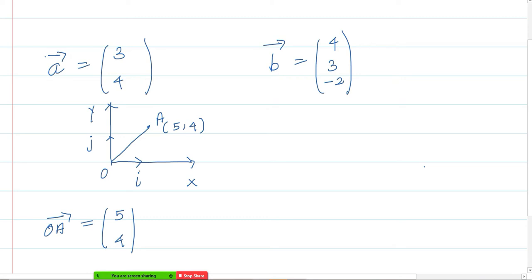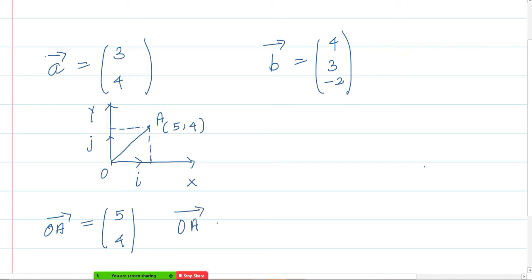Instead of saying the x-axis direction, just say i. i is a vector which indicates the direction along the x-axis, and j is the vector which denotes the direction along the y-axis. So if you have a 5, 4 point, the position vector OA is horizontally 5 units and vertically 4 units. The same thing we can write in this i and j component form.